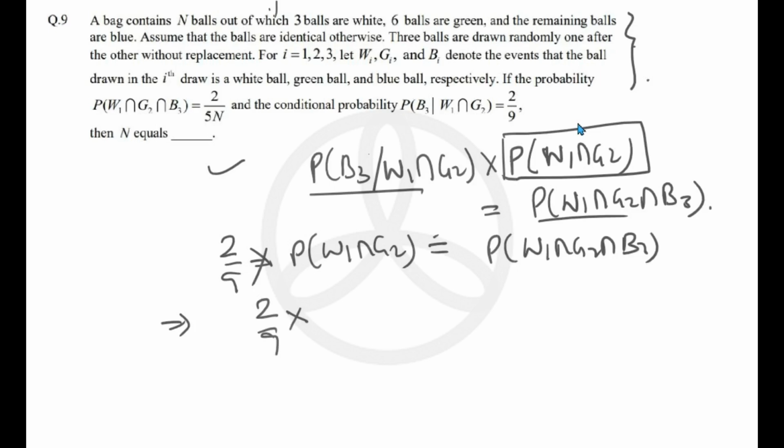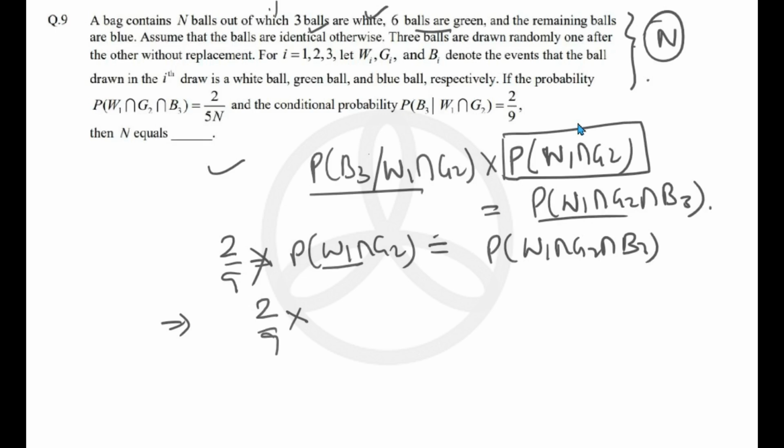This will be how much? 3 balls. We have assumed n balls total. Here total balls are n. So first we will have to pick up the white and then green.